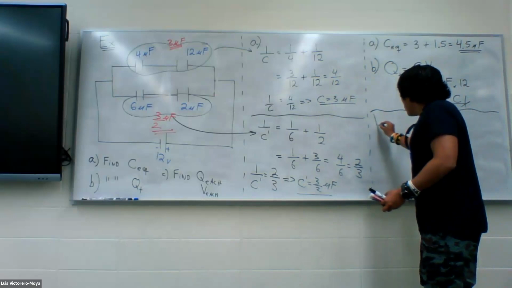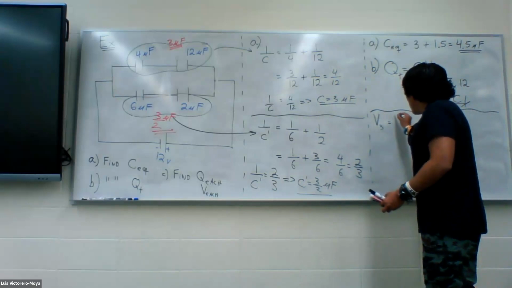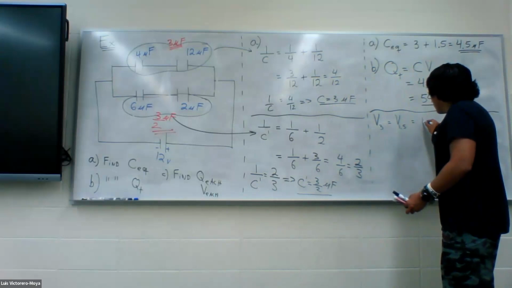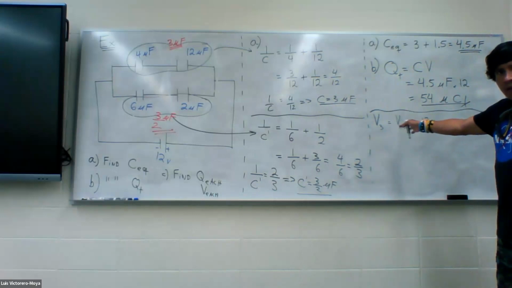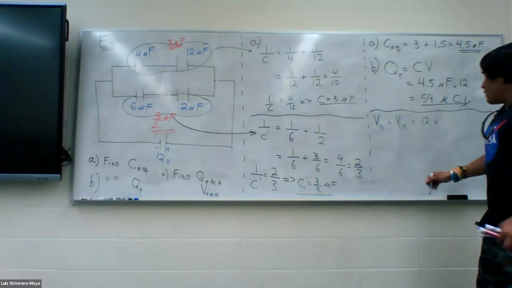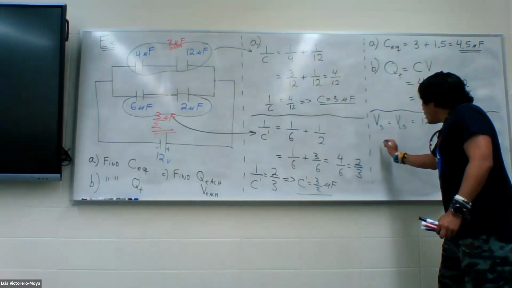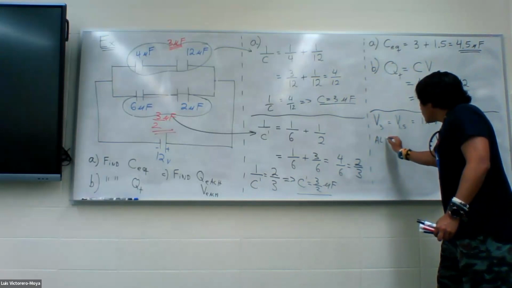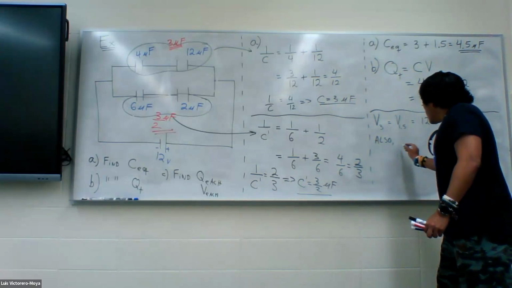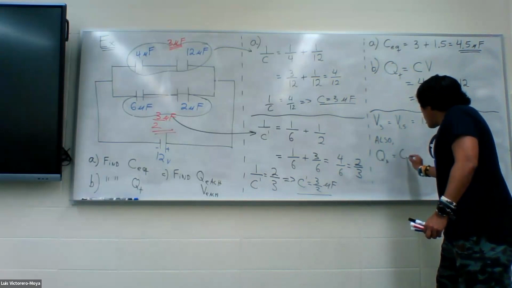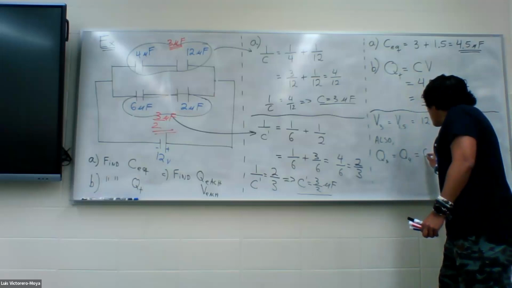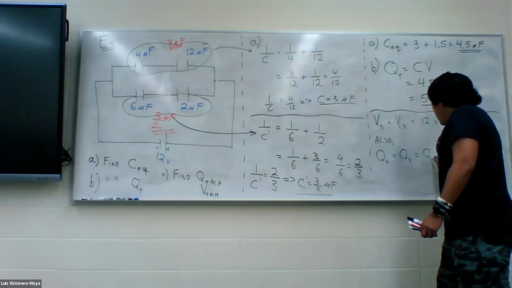First of all, the voltage on 3 is equal to the voltage on 1.5, which is 12 volts. And you may want to write there because they're in parallel. And then also the charge on 3 is equal to the charge on 4, which is equal to the charge on 12.